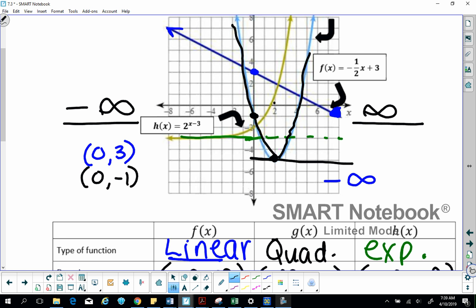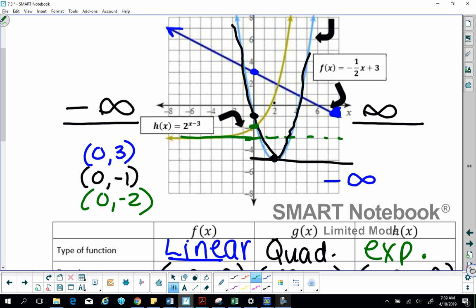And what about the exponential one? -2. Who has the highest y-intercept? Which function has the greatest y-intercept? The linear. So sometimes they're going to have you compare them. So that will be down there for y-intercepts.